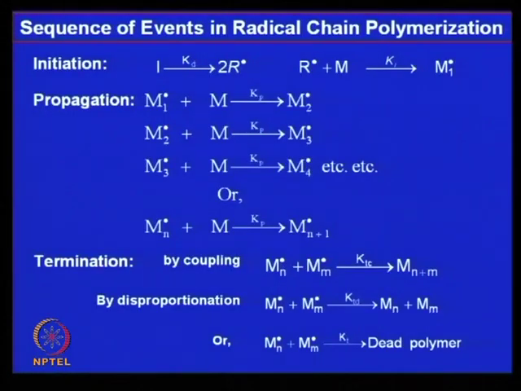Now, let us see the sequence of events that occurs in radical chain polymerization. Again, some steps can be identified as initiation, propagation, and termination of polymer growth.